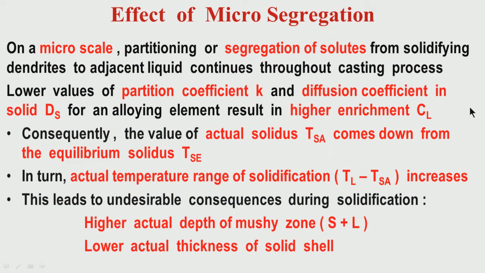Microsegregation is resulting in higher enrichment compared to the C0 value. Cl is increasing, the concentration of all alloying elements in the last liquid which is solidifying is more compared to the original concentration in the particular grade.